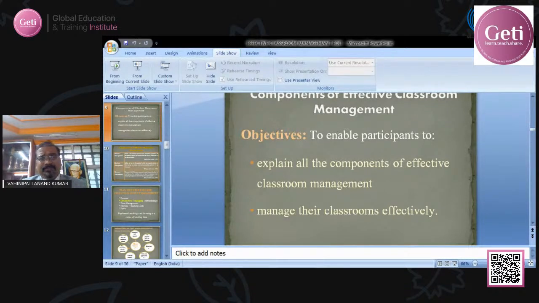Basically, the whole classroom management can be divided into three major components: content management, conduct management, and covariant management. Content management has to do with all the content which the teacher chooses, the methodology which the teacher chooses to deliver that content, the management of the planning of the time, the space, and the material which the teacher is going to use in those 40 minutes.